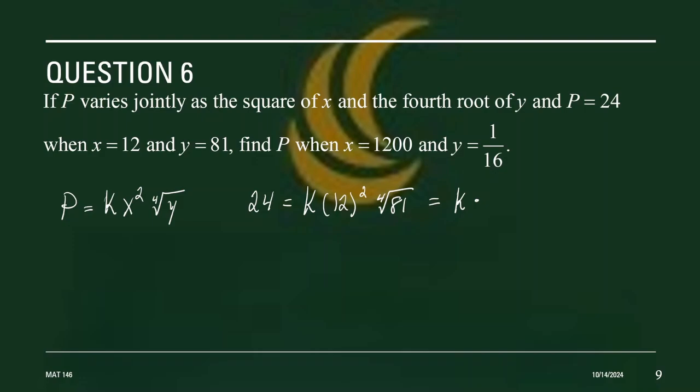What was it? 4th root of 81. What is it? The 24 over 3 is 8. 144. So 8 over 144.